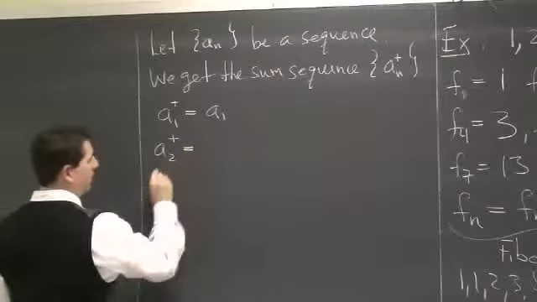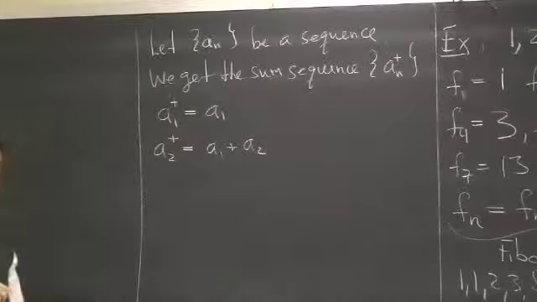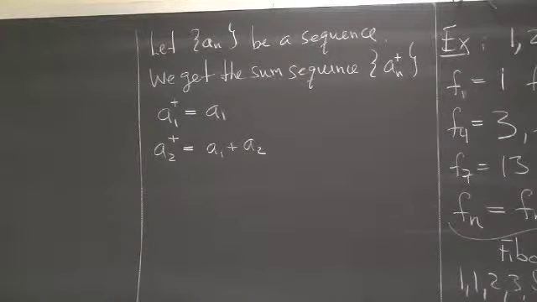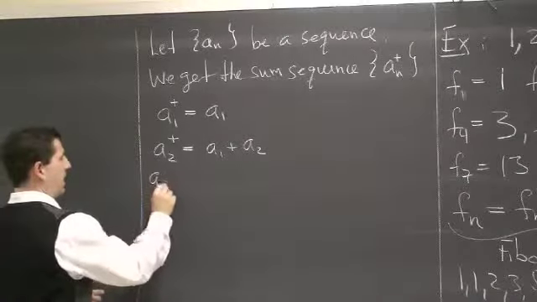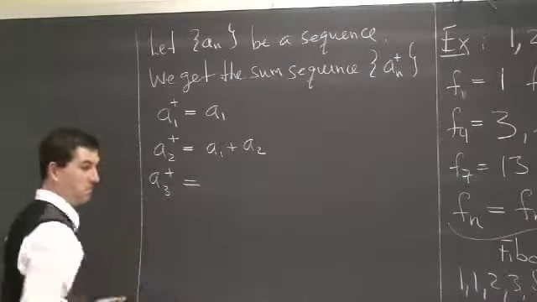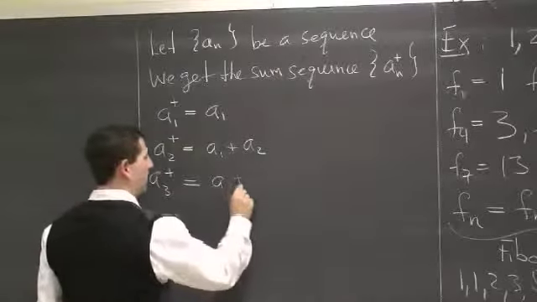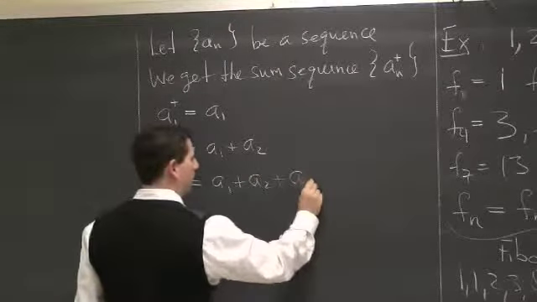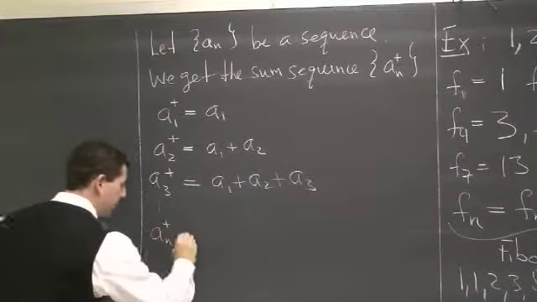A2 plus is going to be A1 plus A2. I'm going to add up all the terms in the sequence up to A2. Not so many. Take a guess what A3 plus is. A1 plus A2 plus A3. And what about An plus?